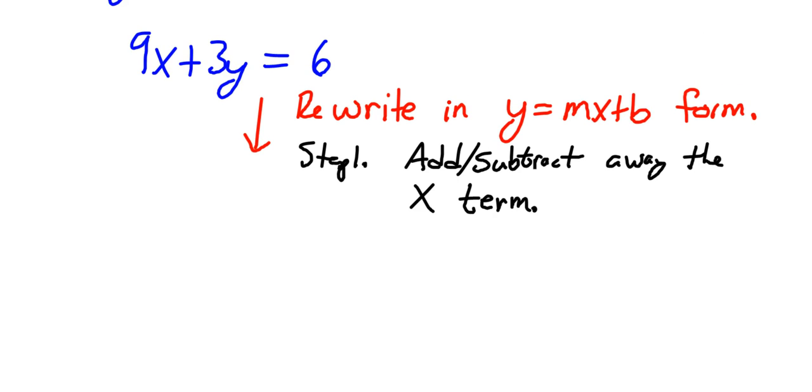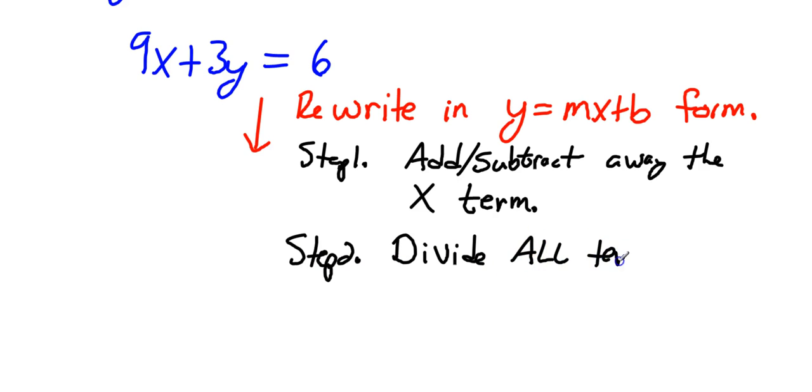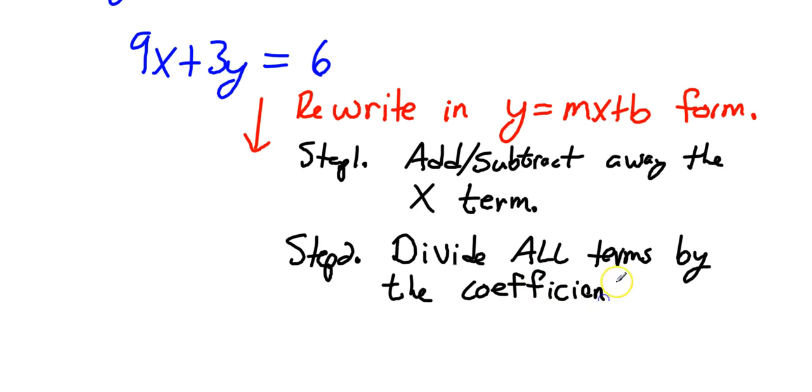And then once you've moved that x value over and you've got the y term by itself, there's only one thing left to do: you're going to divide all terms by the coefficient of y.